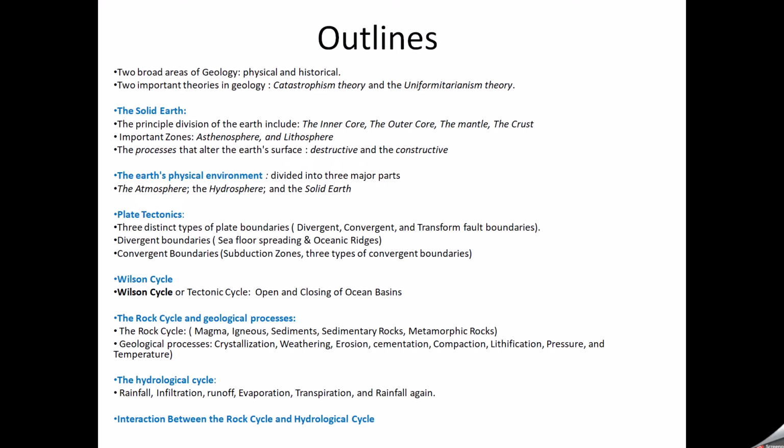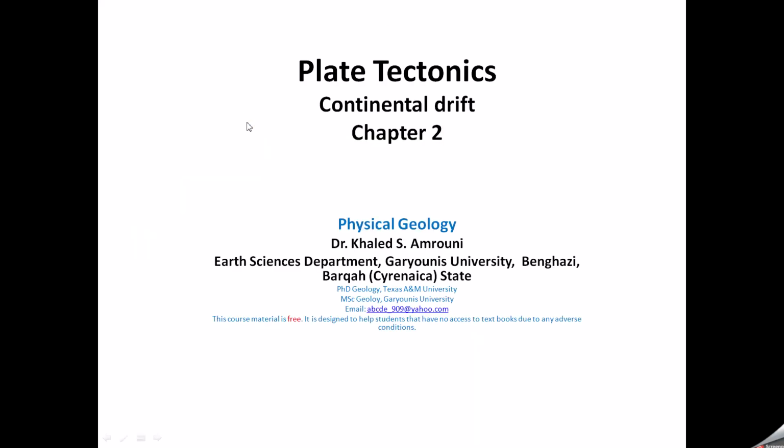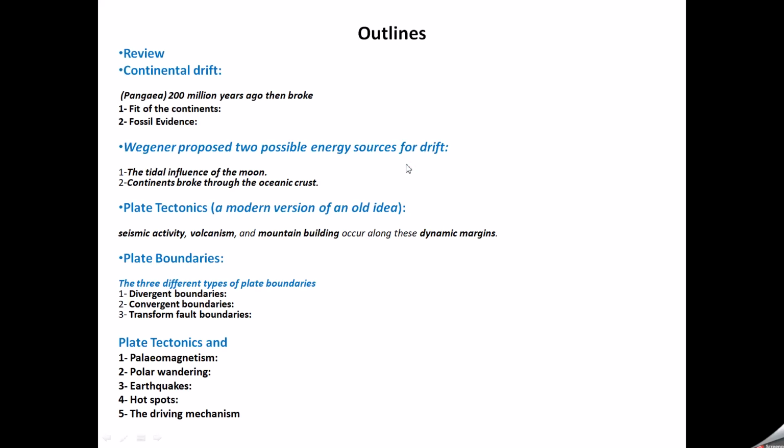And then we'll study the hydrological cycle that consists of rainfall, infiltration, runoff, evaporation, transpiration, and rainfall again, and then the interaction between the rock cycle and the hydrological cycle. That was the introduction.